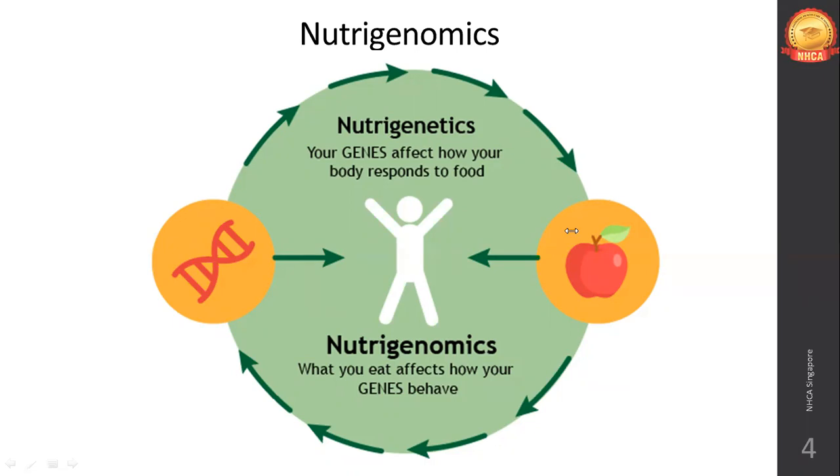That is nutrigenomics: how food, something external, affects something internal. What is nutrigenetics? Something that you already have, your internal makeup, and how it responds to the external. That is nutrigenetics. Are both the definitions clear to you, nutrigenetics and nutrigenomics?